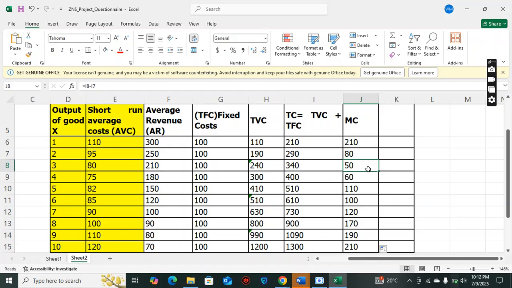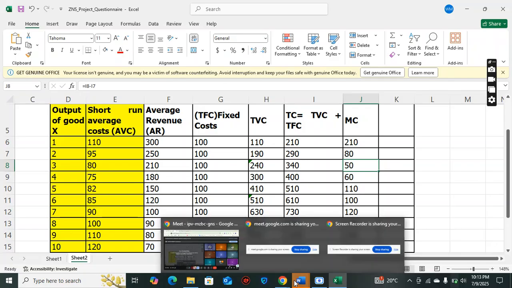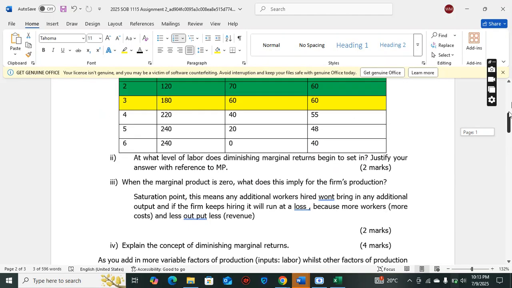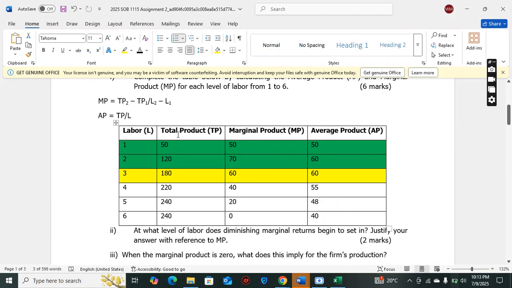Yes, madam, you are saying what? It's the same one because remember the previous question here, it was just labor, but you saw marginal product and total product.